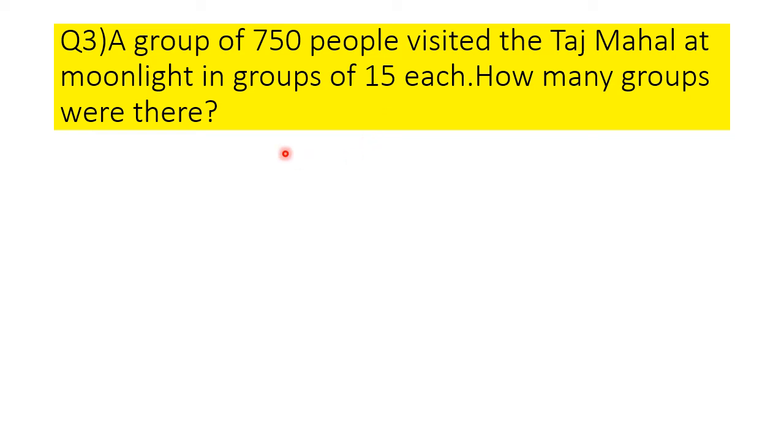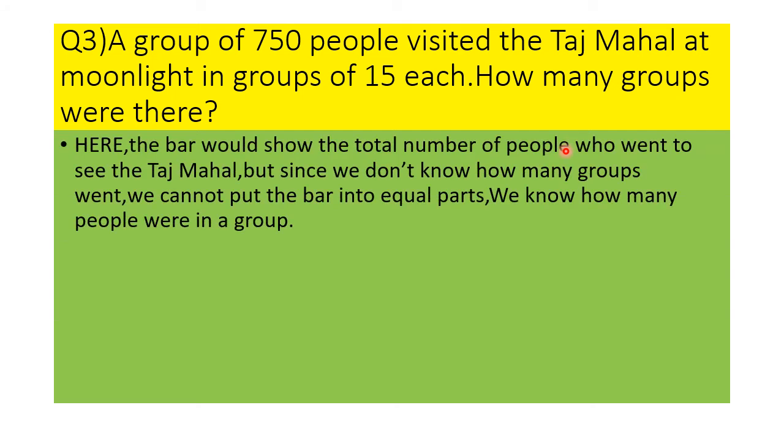So if I start making the bar model, it would be difficult because we don't have any idea about the number of groups. The bar would show the total number of people who went to see the Taj Mahal, which is a large number, 750.